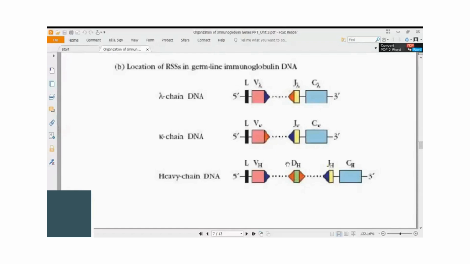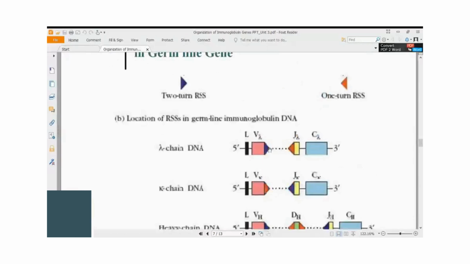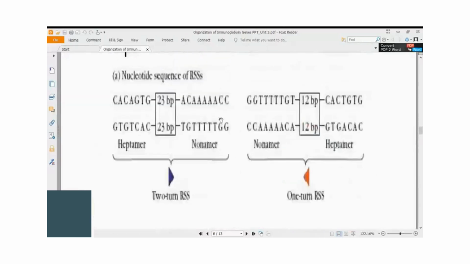Okay, so when this splicing and recombination takes place, it is regulated by these nitrogenous base sequences that are present, and predominantly you see here it is an AT rich region. Because of the AT rich region, because of the two hydrogen bonding pattern, the region becomes easily vulnerable for break and join.